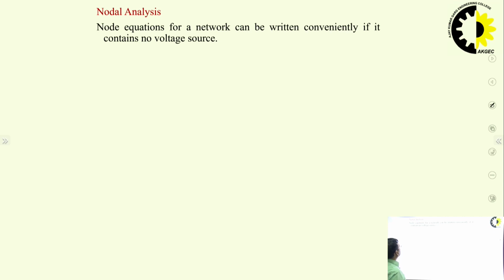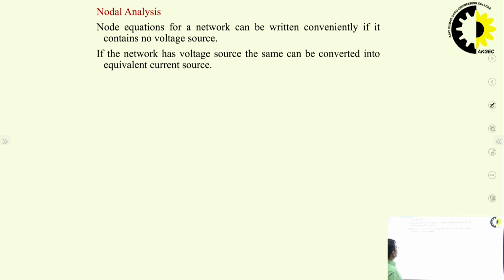Now, come to the nodal analysis. Node equations for a network can be written conveniently if it contains no voltage source, just as the loop equations are written if there is no current source. If a voltage source is present, while writing the nodal equations we convert the voltage source into its equivalent current source.